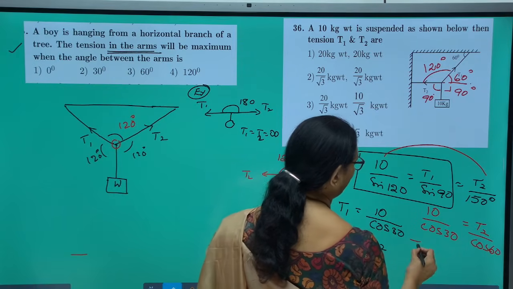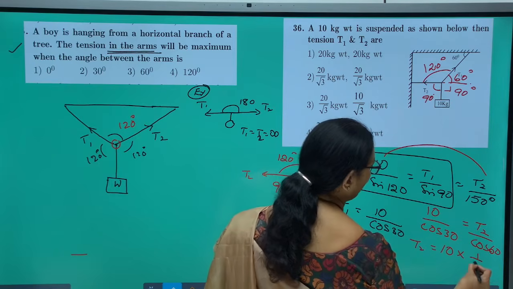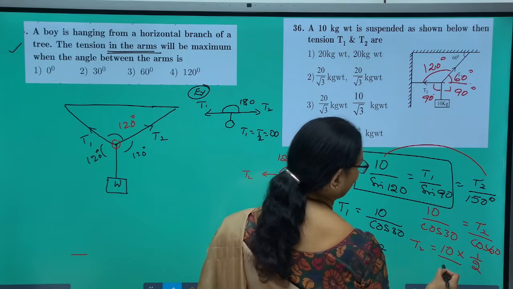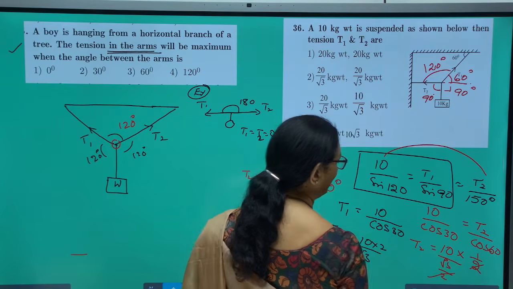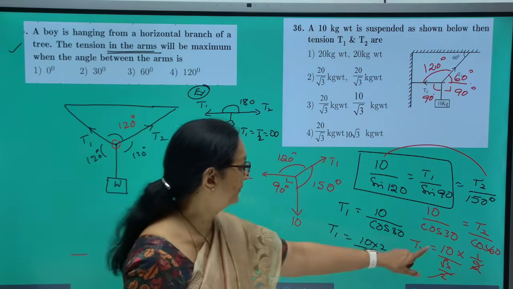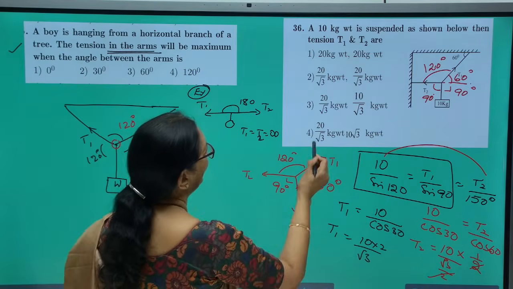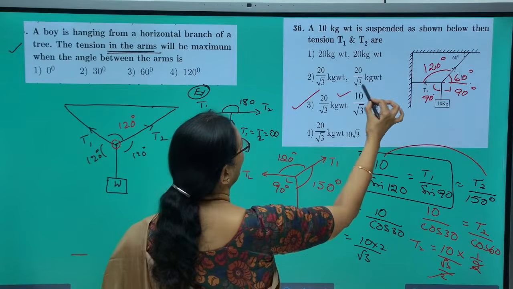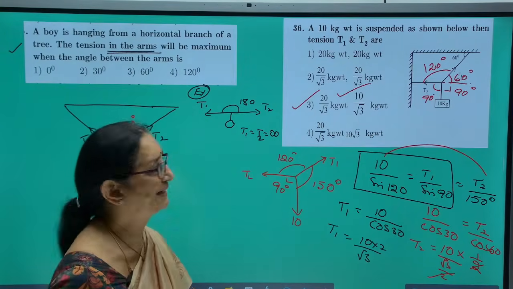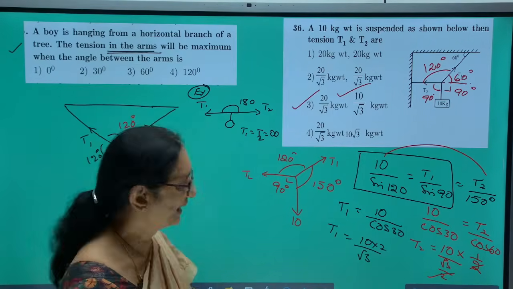So, T2 is equal to 10 into cos 60, which is half, divided by cos 30, which is root 3 by 2. This and this get cancelled. T2 is equal to 10 by root 3. So, the answer is T1 is 20 by root 3 kg weight and T2 is 10 by root 3 kg weight. Third option is correct for that problem, right?